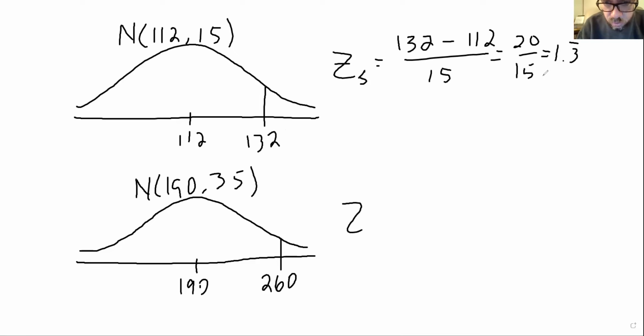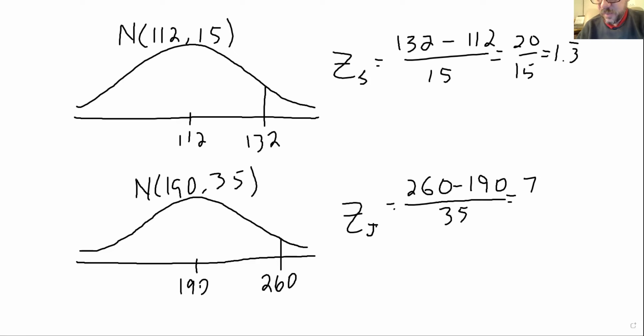John, Z sub j, is 260. So we take John's, try that again. 260, there we go. 260 minus 190. So observation minus mean divided by standard deviation.